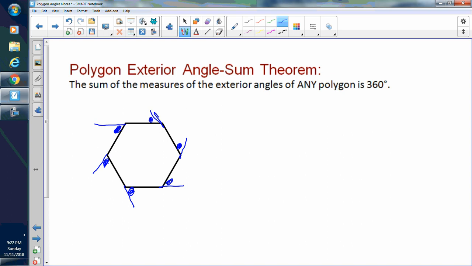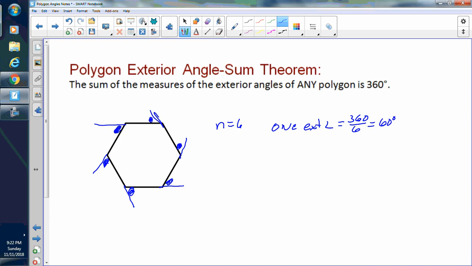Well, it turns out that those exterior angles will always, for any size polygon, add up to 360 degrees. In this case, because I have a hexagon, there are 6 exterior angles. So one exterior angle equals 360 divided by 6. 60 degrees is the size of the exterior angle.